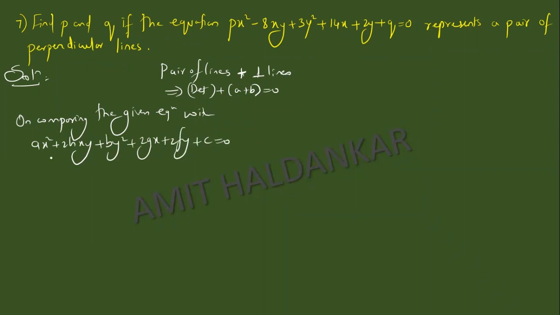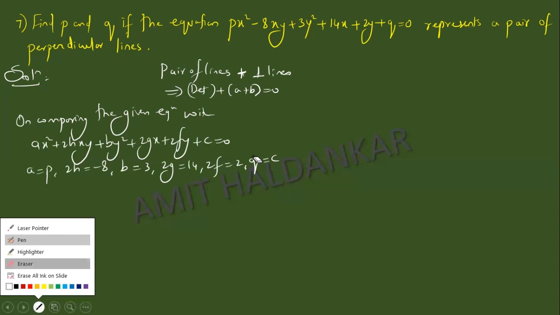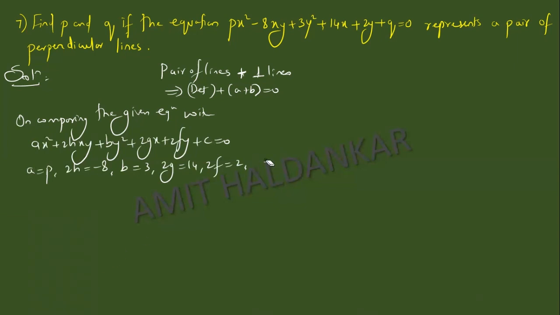When I compare this, I get a is equal to p, 2h is equal to minus 8, b is equal to 3, 2g is equal to 14, 2f is equal to 2, and c is equal to q. So I get these values.